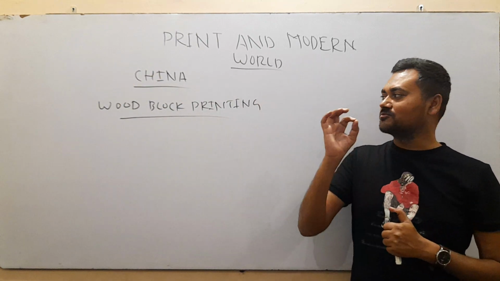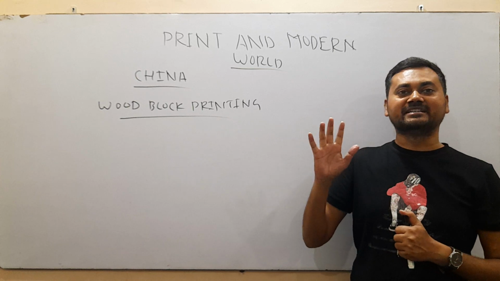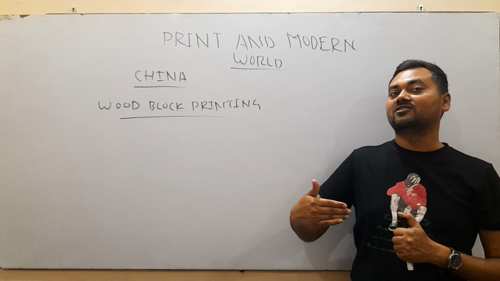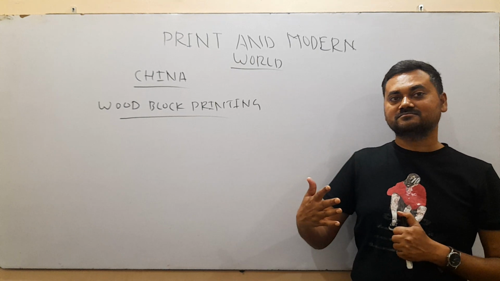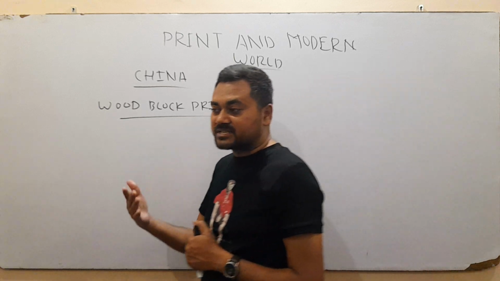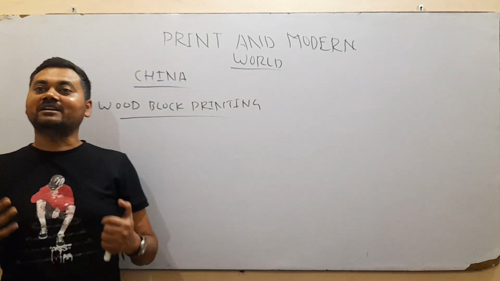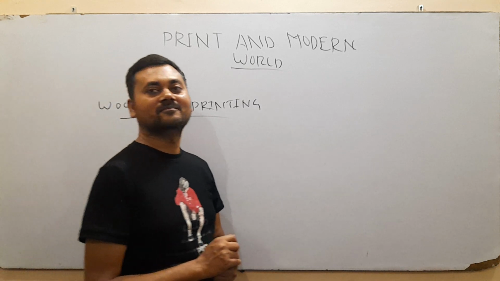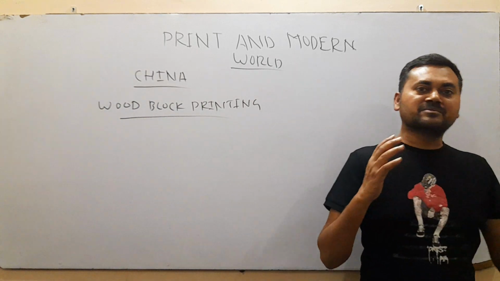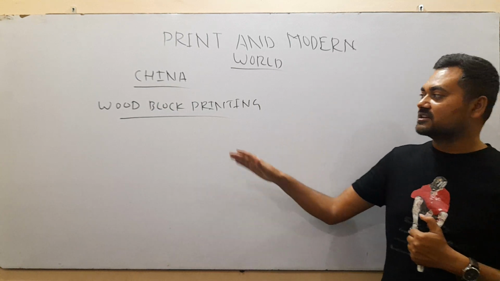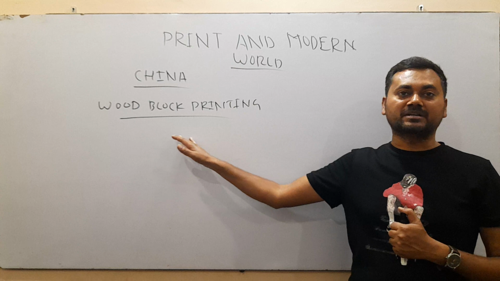So this wood block printing became very famous in China. It was initiated in China, and after China it went towards Japan, because the Buddhist missionaries from China went to Japan and introduced this wood block printing.